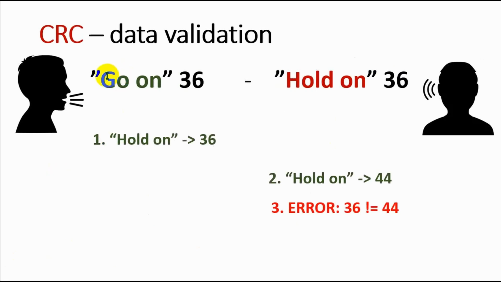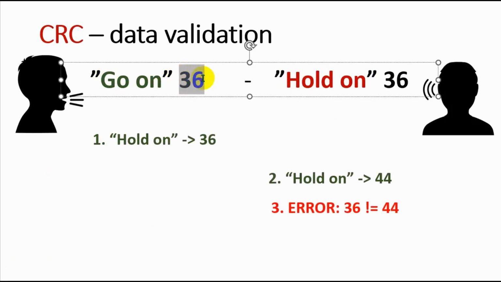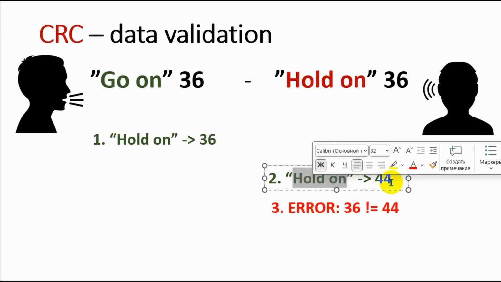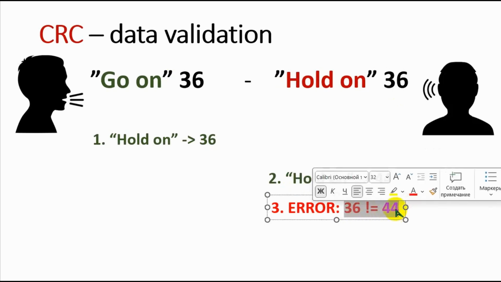So we send go on 36, and unexpectedly we received hold on with 36. We check that hold on checksum will be 44, which is not equal, and this means that we have made an error when receiving message.